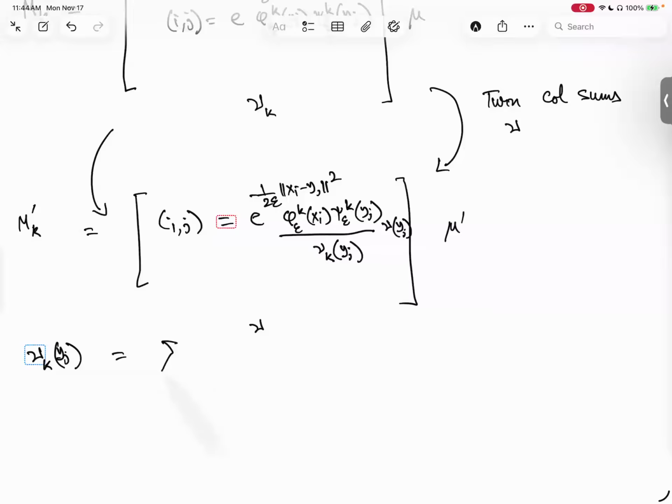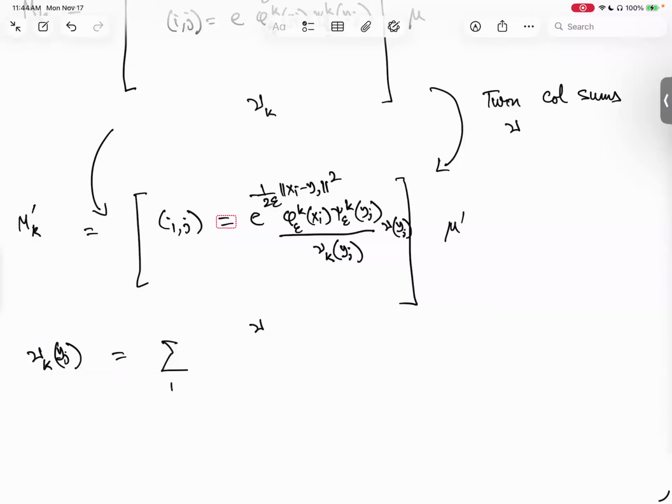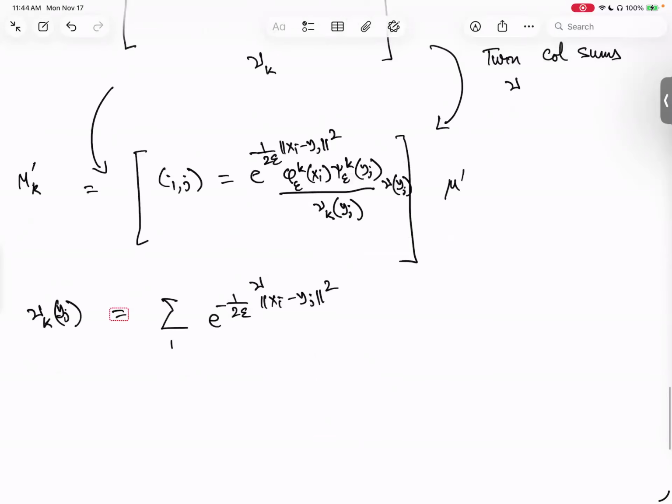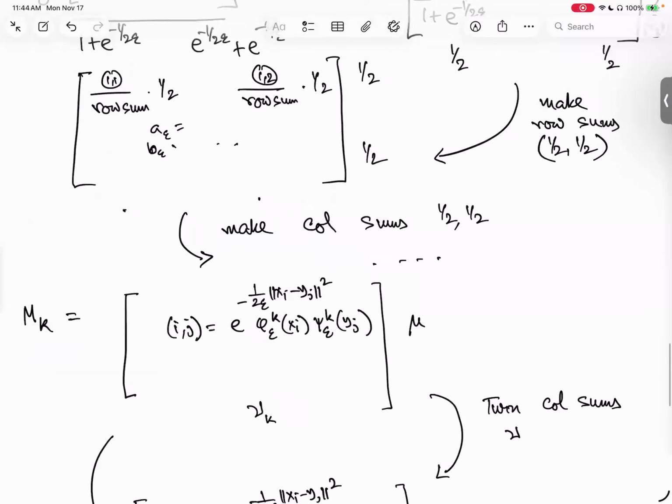This is the sum over all i, e to the power minus 1 over 2 epsilon, norm of xi minus yj squared, phi epsilon k of xi, and sorry, I also have to multiply.